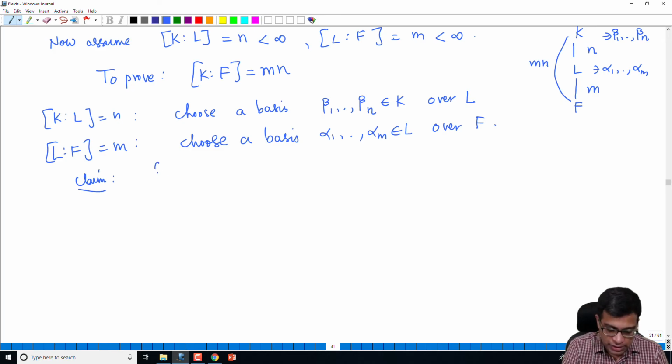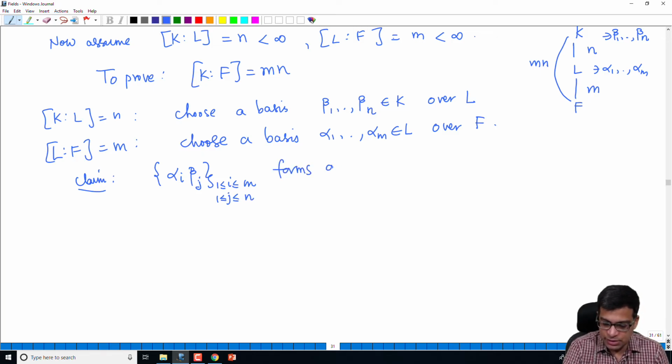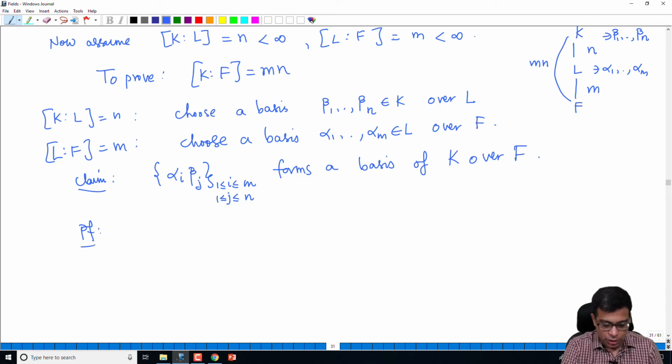Now the claim that will prove the statement that K colon F is Mn is the following. The set of products alpha i beta j, 1 less than or equal to i less than or equal to m, 1 less than or equal to j less than or equal to n, form a basis of K over F. So it is fairly easy to conclude that this is actually a set of m n distinct elements.